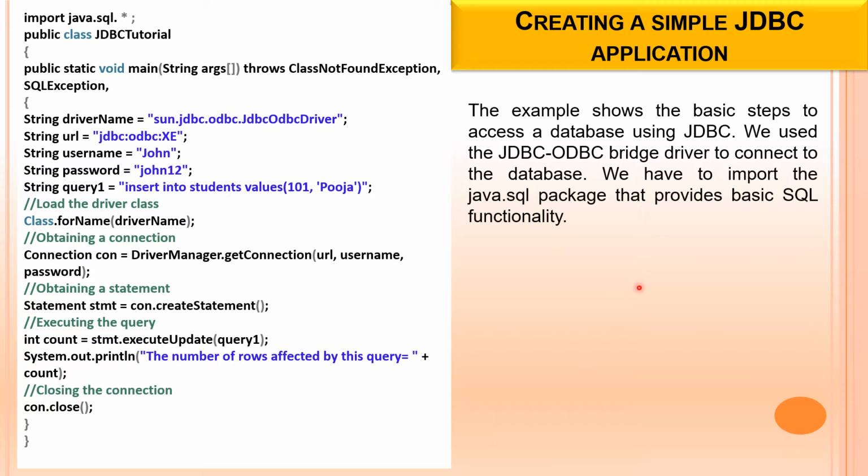Now let us see a simple JDBC application, which will show the basic steps of database access using JDBC. We have used the JDBC ODBC bridge driver to connect to the database, and we import the java.sql package, which provides basic SQL functionality.